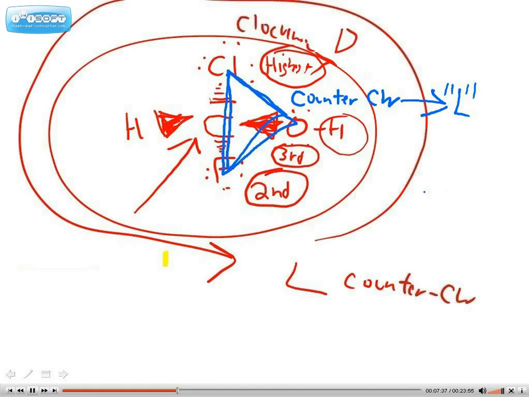Now, if you continue to follow the rules, it asks, which one is the lowest priority? It turns out this hydrogen that's directly attached is the lowest priority.